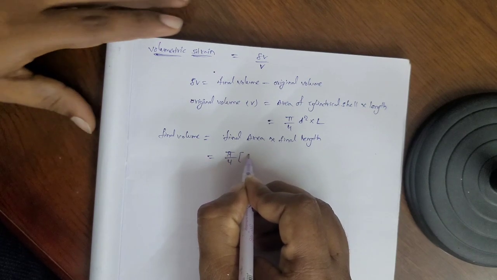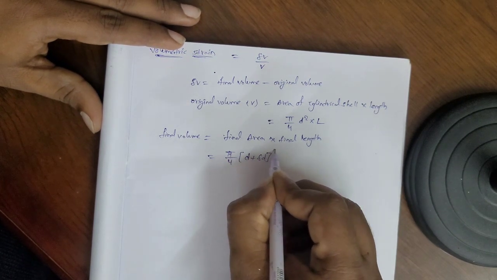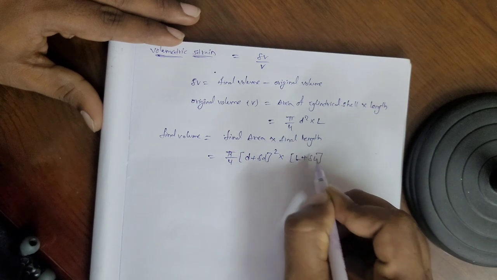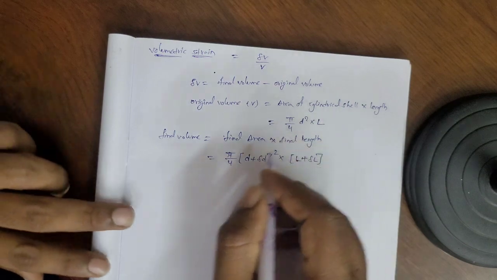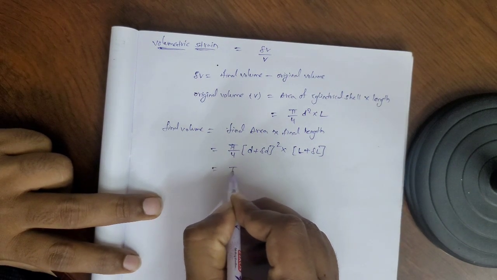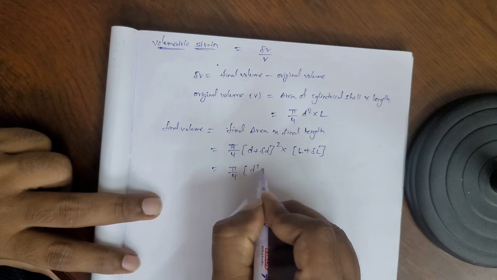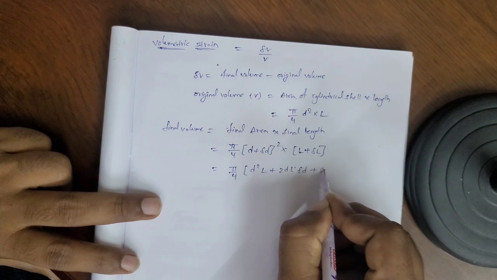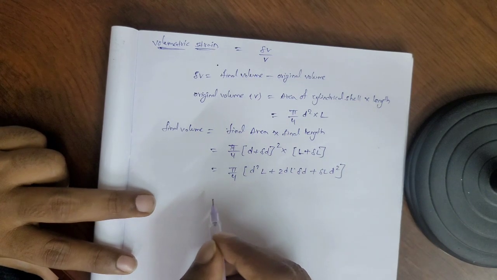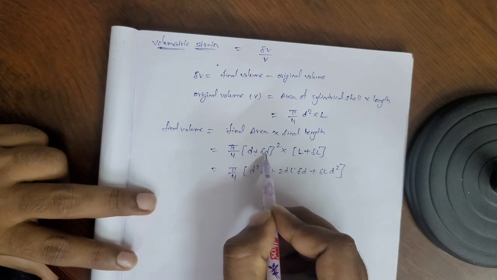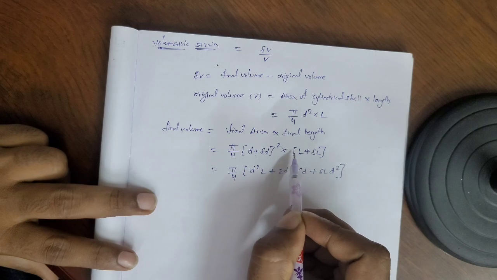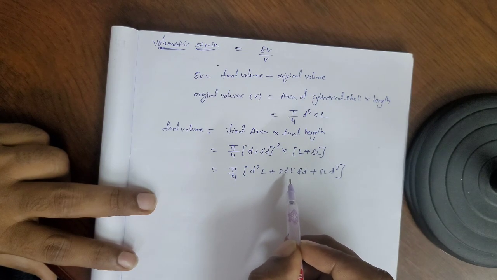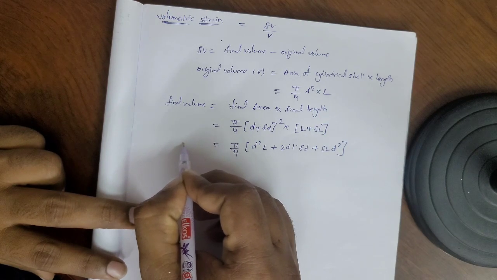So d can be written as d plus delta d whole square, into length L plus delta L. By simplifying this equation we can get pi by 4 into d square L plus 2dL delta d plus delta L d square. Here it is in the form of a plus b whole square, a square plus b square plus 2ab. By multiplying this out, and neglecting some smaller quantities, we finally get this form. So here it is the final volume.